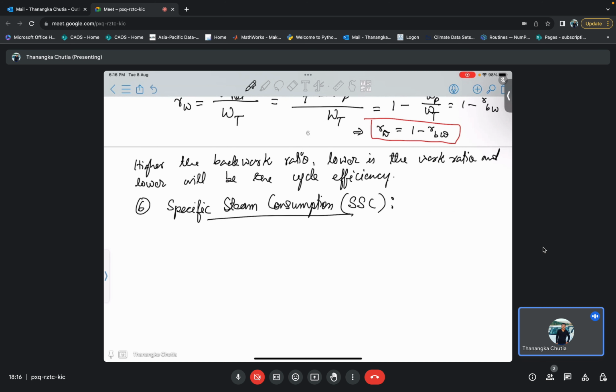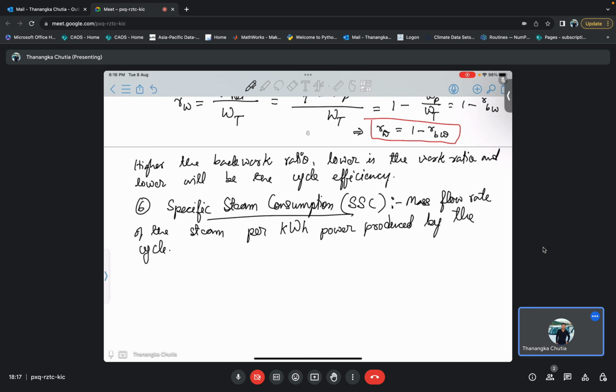It is basically the mass flow rate of the steam per kilowatt hour power produced by the cycle. The expression for SSC is nothing but 1 by W net.